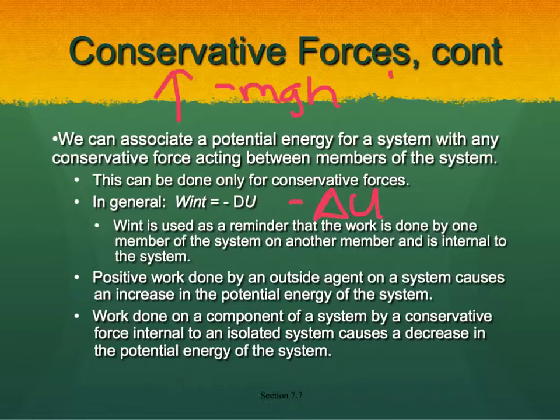Once that ball reaches 0 velocity up at the top, its maximum height, the ball is going to come back down, thus being now a positive mgh. So when it ends at the same position as where it began, my net work, that work internal, must be equal to 0. Positive work done by an outside agent on a system usually causes an increase in the potential energy of the system. Now, let's see what would happen if we talk about non-conservative forces.